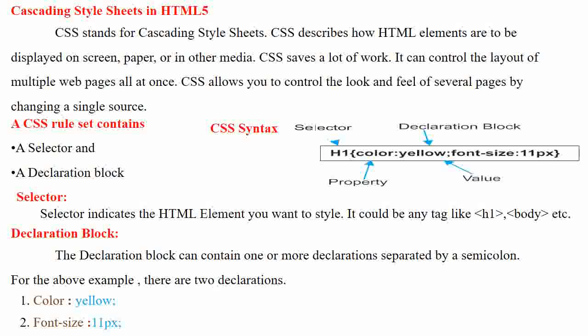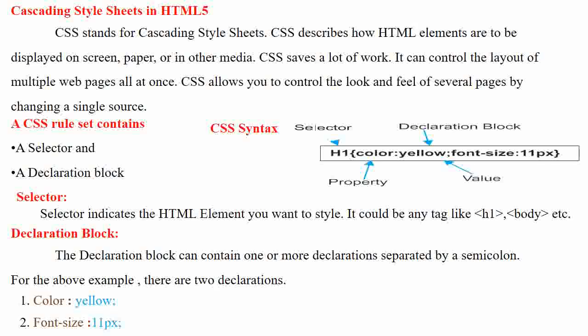This H1 is called the selector, and then the declaration block. The declaration block can contain one or more declarations separated by semicolons. So here the color and font size come into the declaration block.